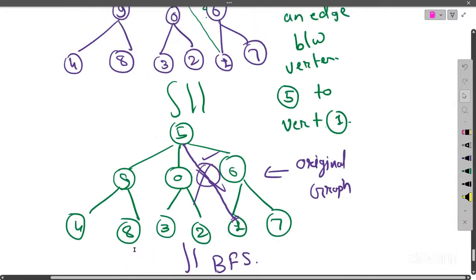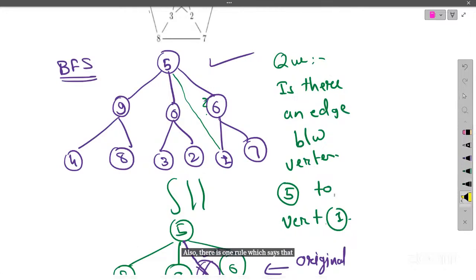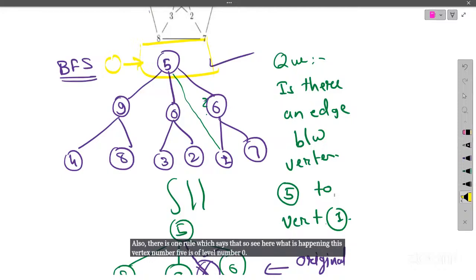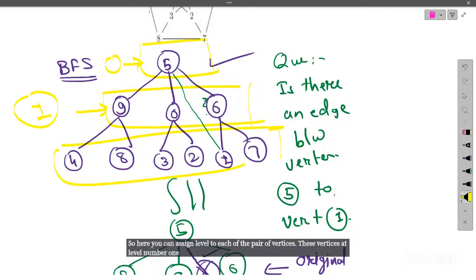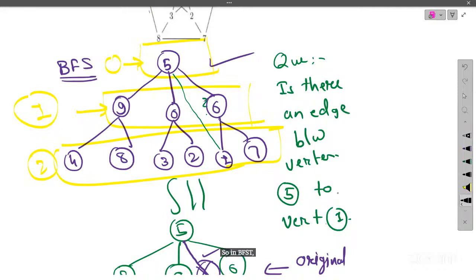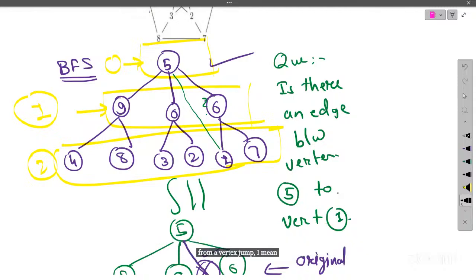Also, there is one rule. See here, vertex number 5 is at level number 0. You can assign levels to each of the vertices. These vertices are level number 1, these vertices are level number 2. In the original graph, there will be no edge from a vertex at level number 0 to a vertex at level number 2.